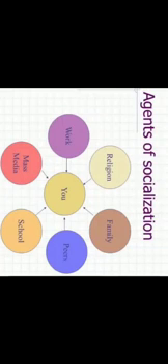These are all important agencies through which we find changes, and they play a very important role in the development and functioning of human beings and, as a whole, in the society.